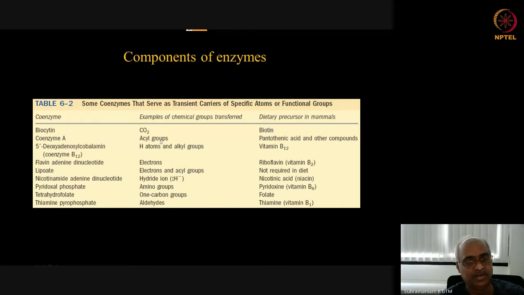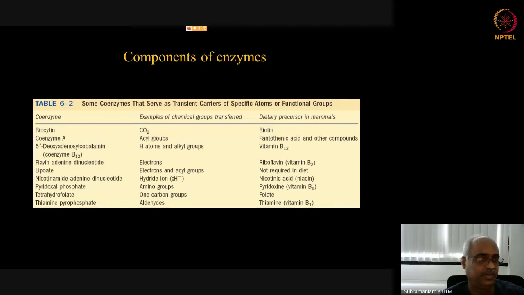This is important in glycolysis itself, the process by which glucose is converted into pyruvate, and so on. So here you have a list of coenzymes and the group transfer in which they are involved. They are primarily involved in group transfers, meaning one group is being transferred from one molecule to another.